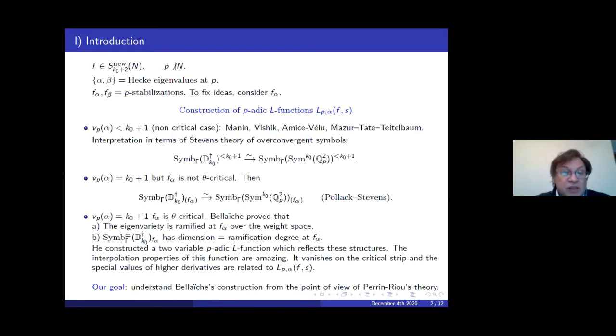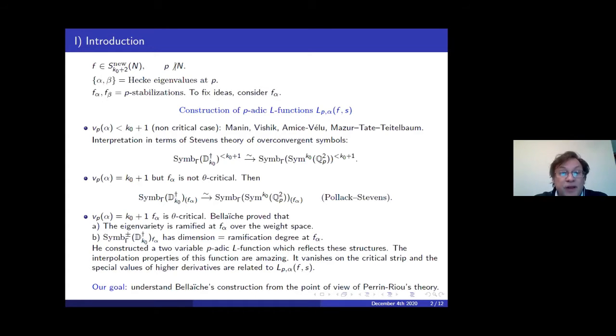Using these results, Bellaïche constructed a two-variable p-adic L-function which in some sense reflects these structures. However, the interpolation properties of this function are strange and amazing.